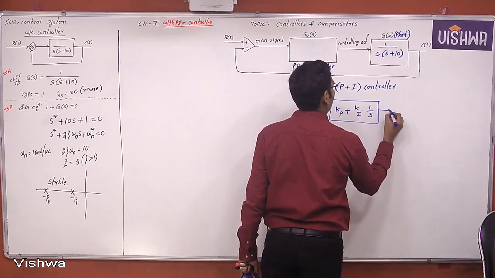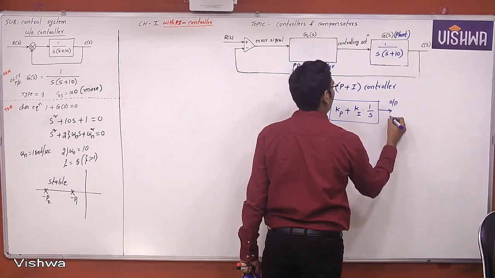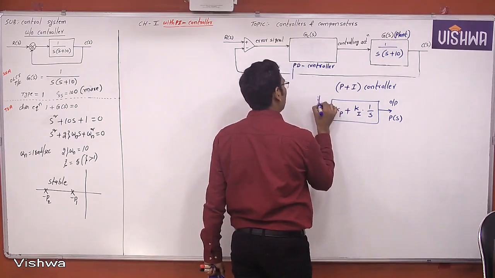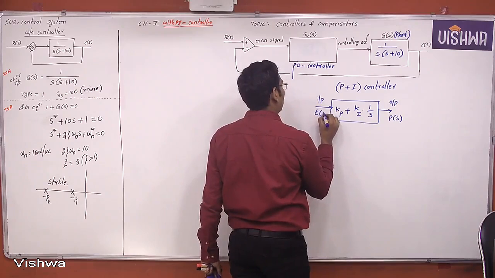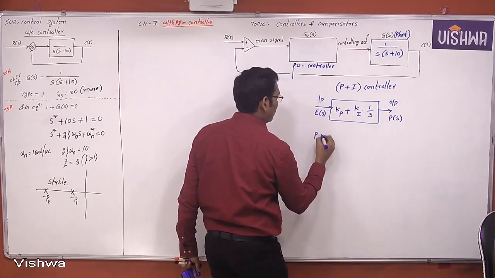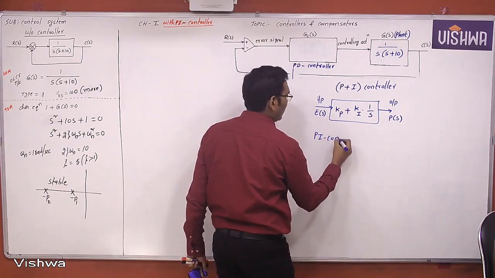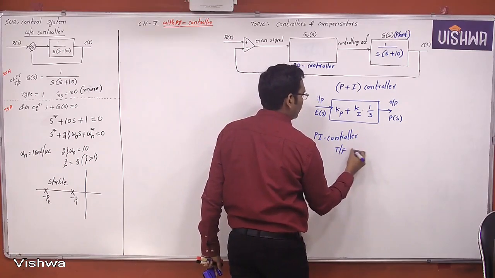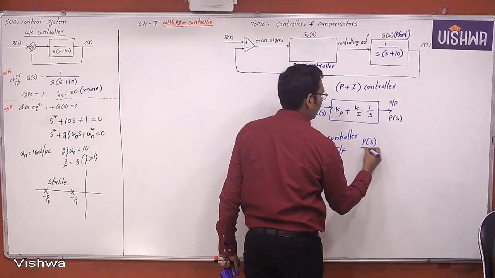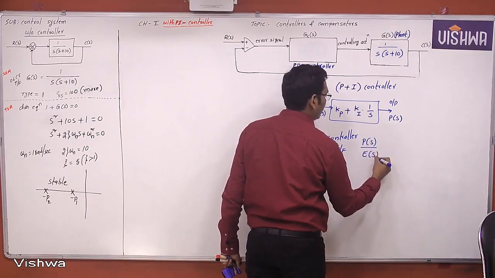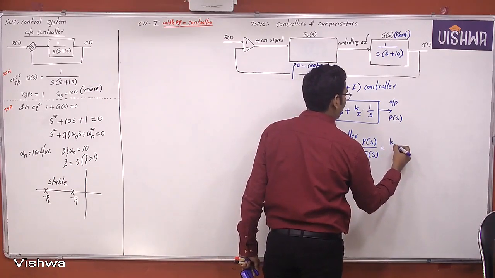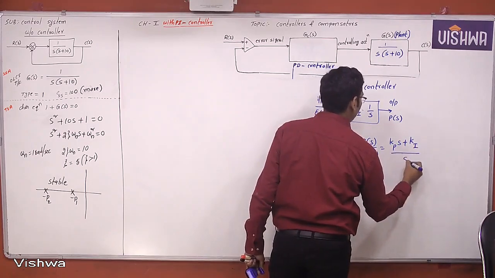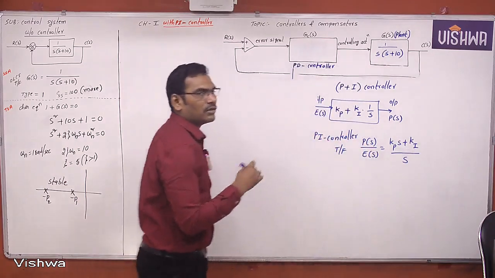This is the PI controller, with output P of S and input E of S. So what is the PI controller transfer function? It is the Laplace transform of the output by the Laplace transform of the input, which is equal to Kp into S plus Ki by S. This is the PI controller transfer function.